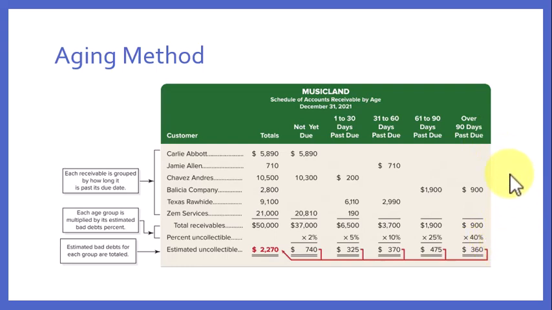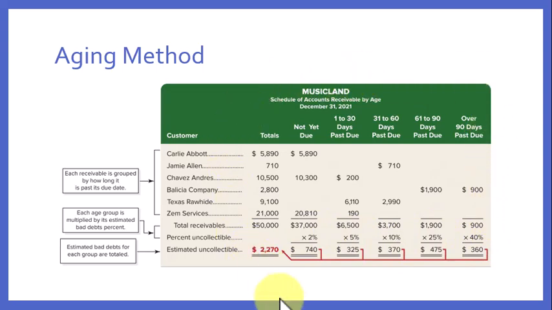If something's over 90 days past due, most likely if the customer had the money and was willing to pay us, they would probably have already paid us, okay? So that's why you see these percentages getting much, much higher the older the receivable gets. Because remember, this is basically the likelihood that we are not going to collect it. So the older it is, the higher it is.